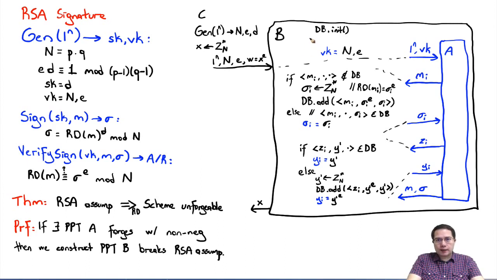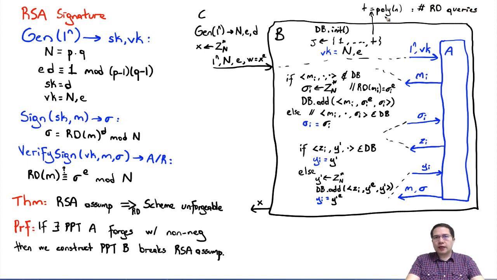We are going to pick a value j randomly between 1 and, let's say, t, where t is some polynomial in the security parameter n, and this is the number of random oracle queries the adversary is going to make.